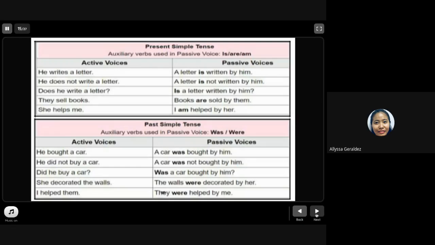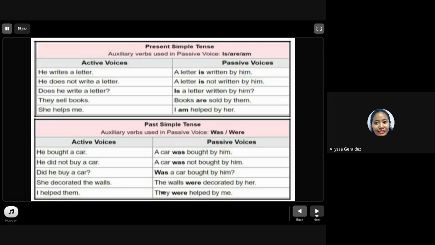Take a look at the table. You have there the present simple tense and the past simple tense. Present simple tense, active voice, and then you have also there, passive voice. So, he writes a letter. That's the object, and then we'll change it into the subject slot, a letter, and then writes, okay, present, and then we have to change that one into past participle.